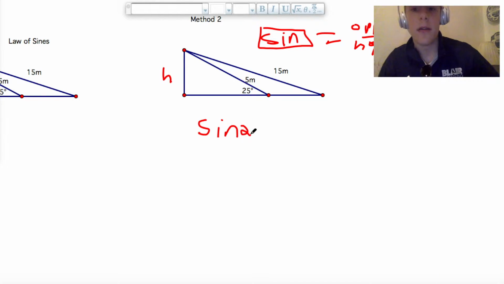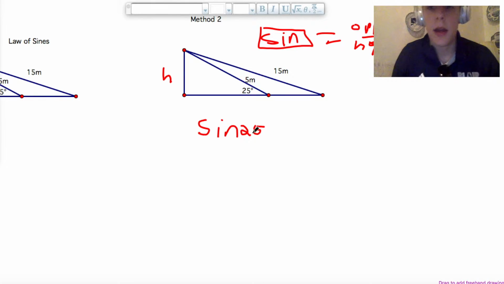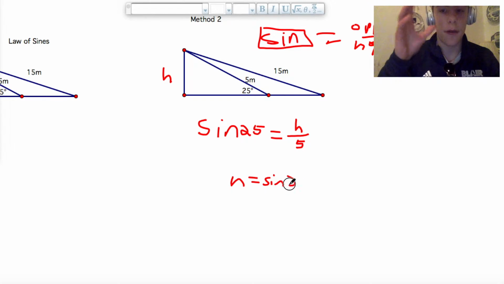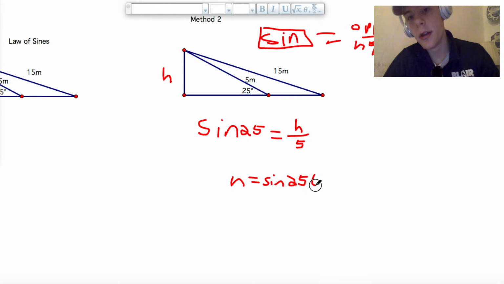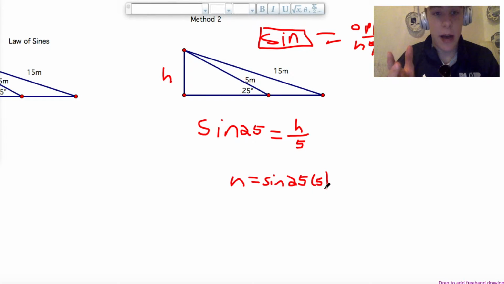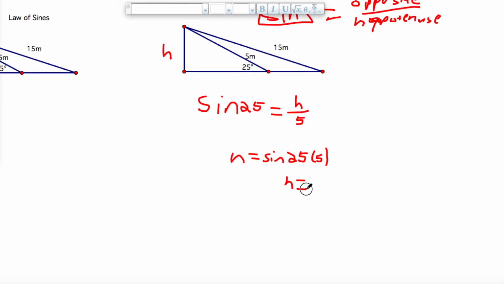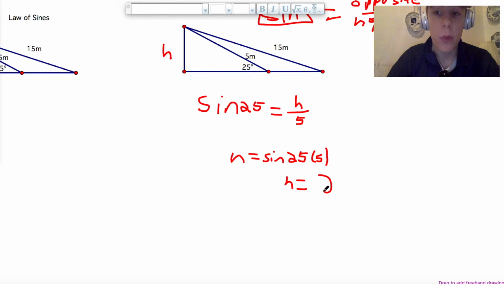So the sine of 25 equals h over 5, opposite over hypotenuse, 5 being the hypotenuse, h being the opposite. So h would equal sine 25 times 5. So you're clearing everything by multiplying by 5. And using a calculator, it can be found that h equals 2.1 meters.